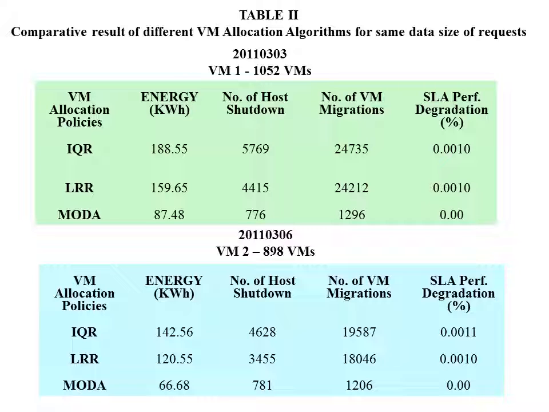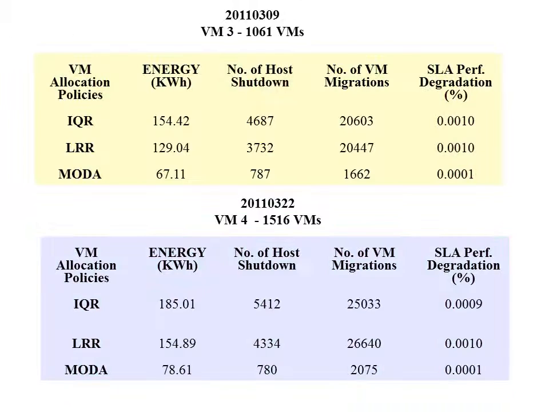And as you can find, the third or the bottommost is the MODA technique, which outperforms in all the parameters in comparison with the existing IQR and LRR techniques. So this is again an extension of all those workloads being compared.